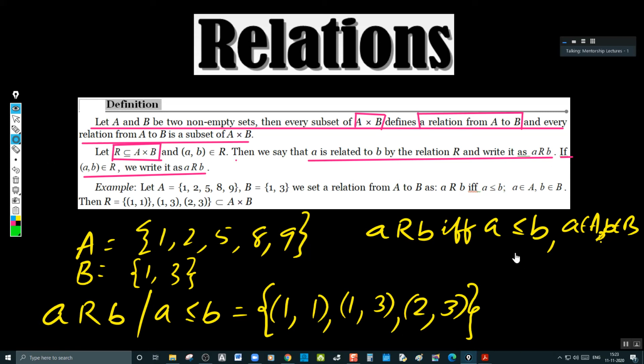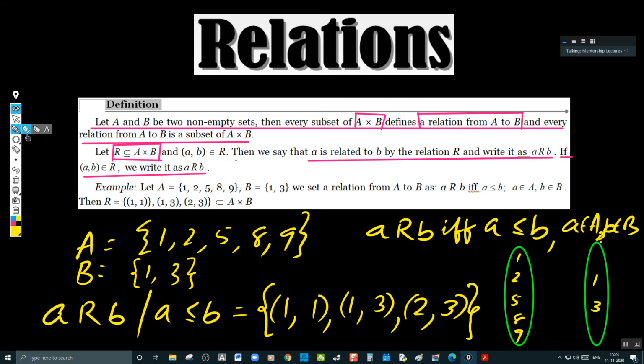Let me write that. This is set A. This is set B. I'm writing the cross product now. In set A, you have the elements 1, 2, 3, and in set B, 1, 2, 5, 8, 9, and you have 1, 3 here. Now let us check it out.